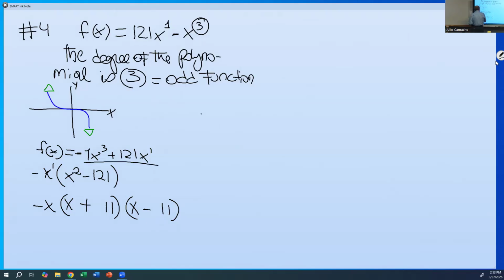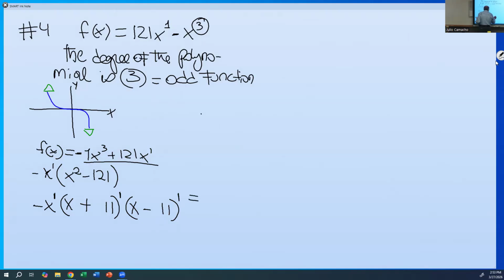And what is the multiplicity or the exponent of the first x, the one outside of the parentheses? That factor has a multiplicity of exponent 1. You can see the next two parentheses don't have any exponent, and if they don't give you an exponent, you can assume that it's 1, too.